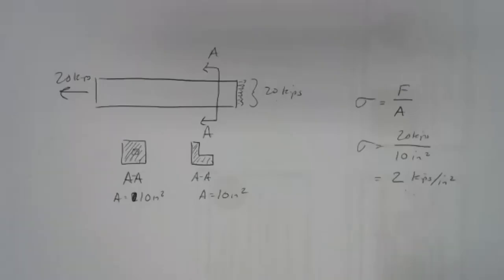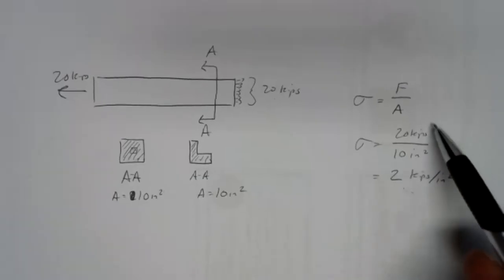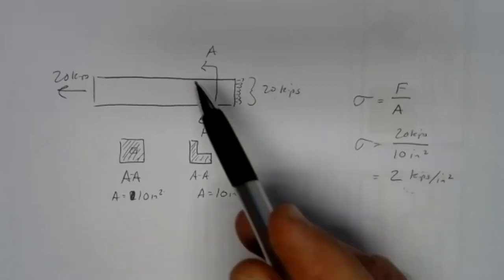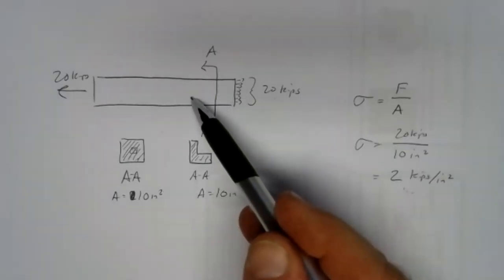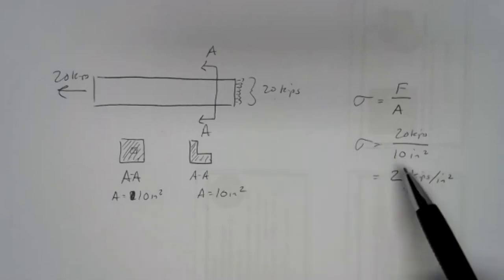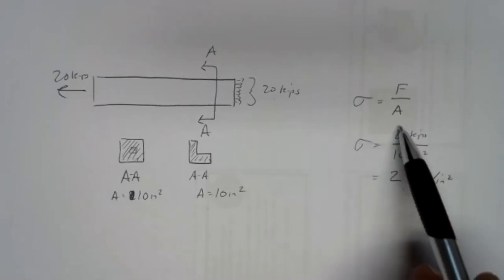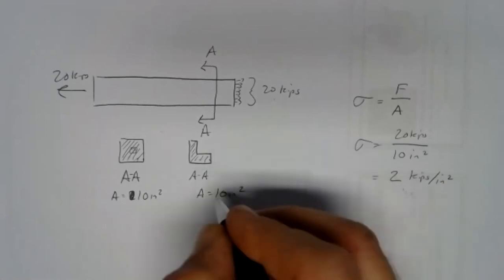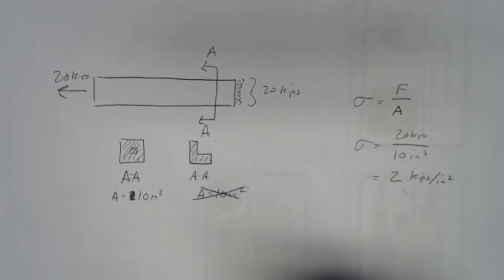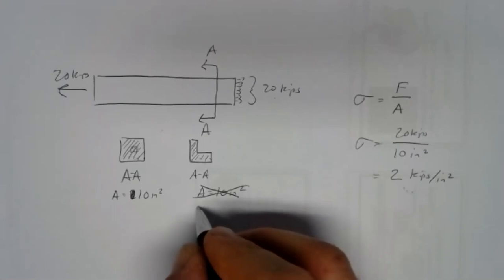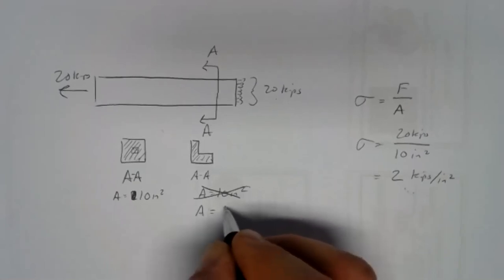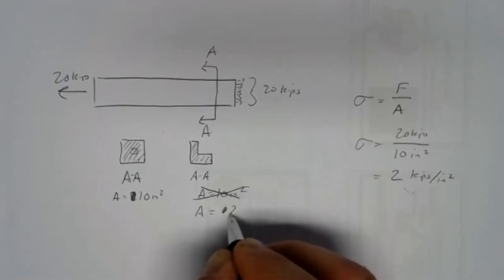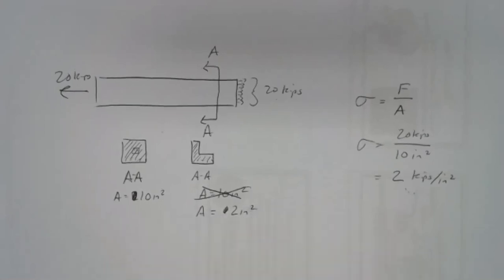Now, let's go back to the picture here. The amount of stress we get depends on 2 factors. It depends on the force. So if we apply a bigger load to this, the stress is going to go up. It also depends on the area. The smaller the area, the bigger the stress. Let's say we decide we want to shift over to this L channel, and we find out the L channel is only 2 square inches in area.